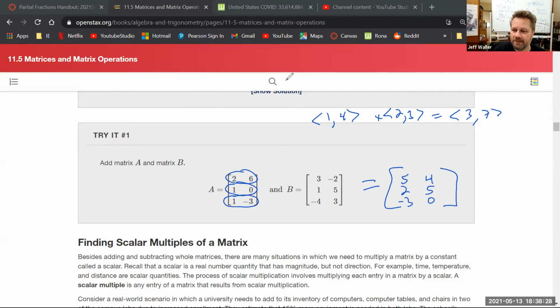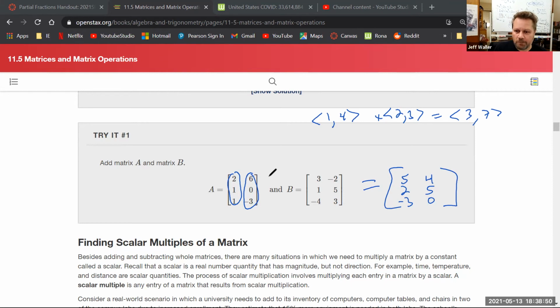Okay. Or I could look at it as 2 vectors: the vector 2, 1, 1, a 3-dimensional vector, with the vector 6, 0, -3. And depending on what you want to do with it, both of those are correct.